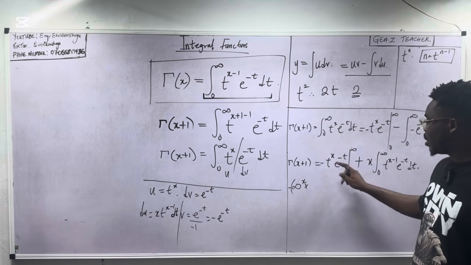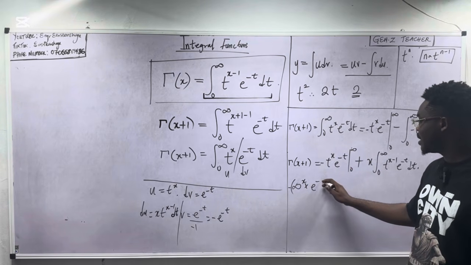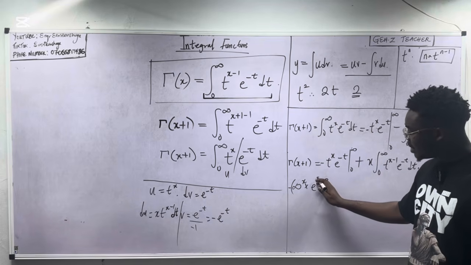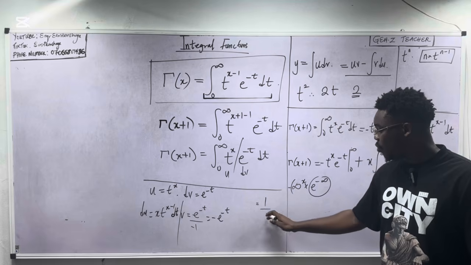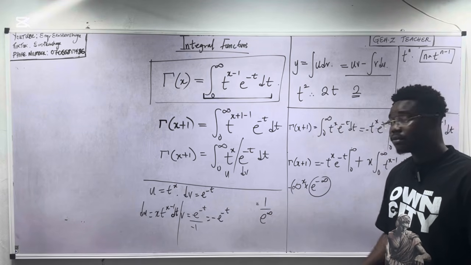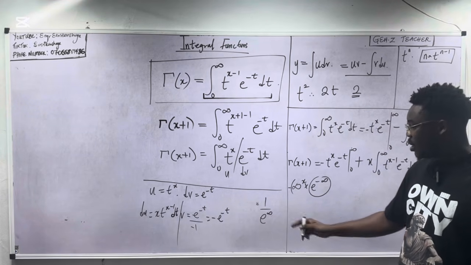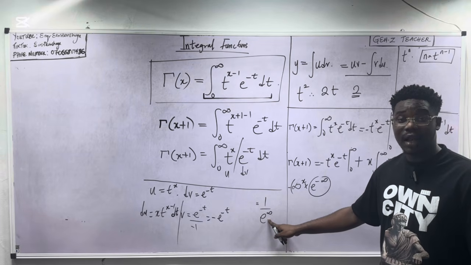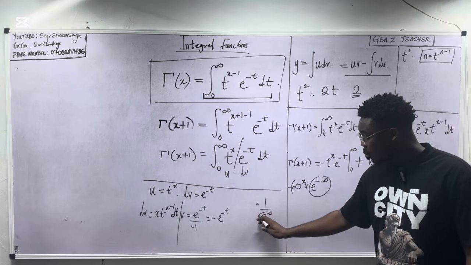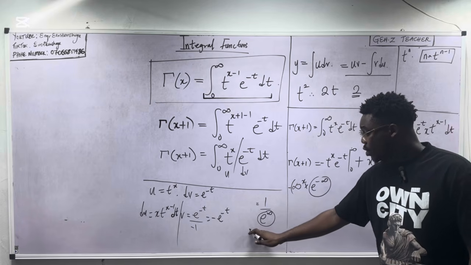Now, what is the exponential of negative infinity? This expression from indices can be written as 1 over exponential infinity. Remember, this means a large number. So 1 over e to the power of a large number means a very, very large number at the bottom.